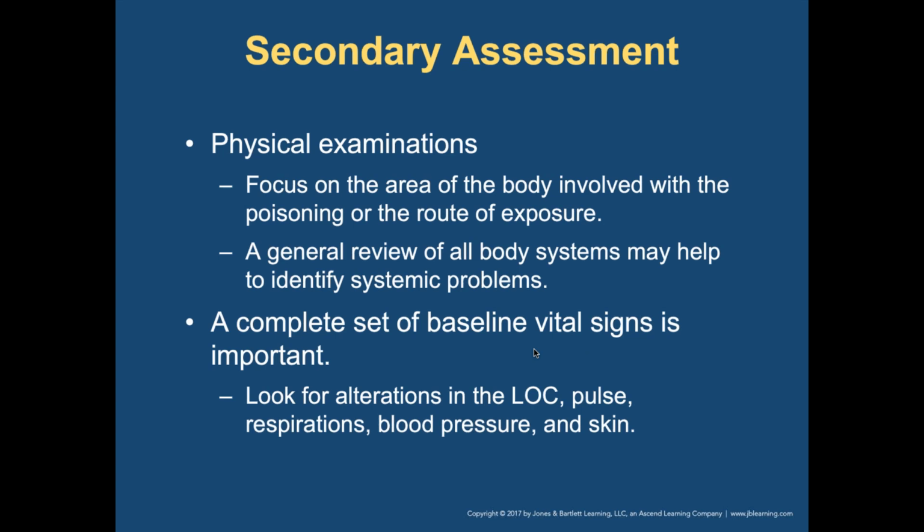So keep those things in mind, and then check if the ABCs have been addressed and you managed that in the primary assessment. Thoroughly examine it again on your secondary assessment, and that may help you if there's any secondary exposure or documentation.